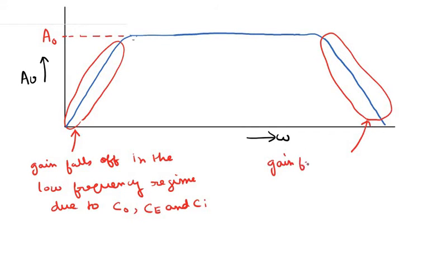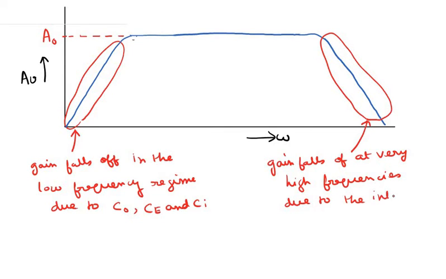Gain falls off at very high frequencies due to the internal junction capacitance CBE and CBC.